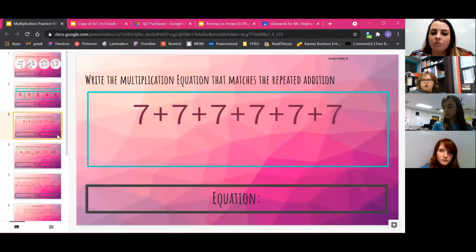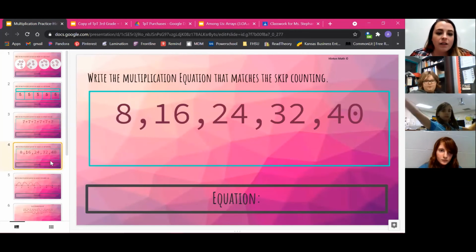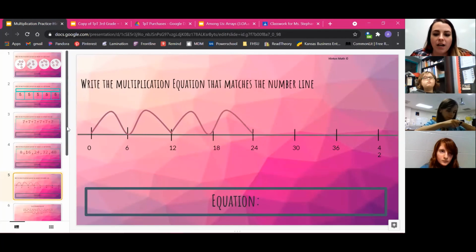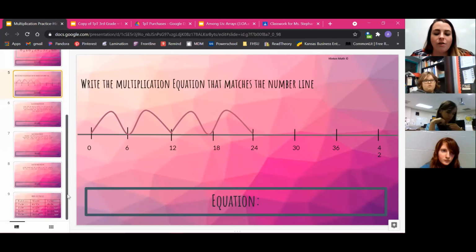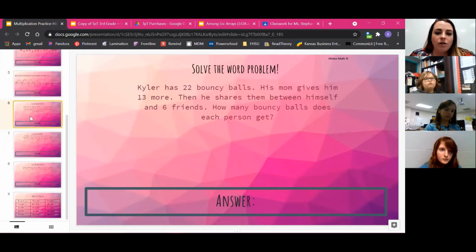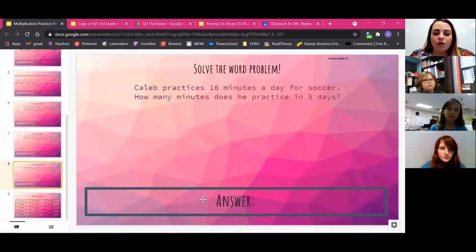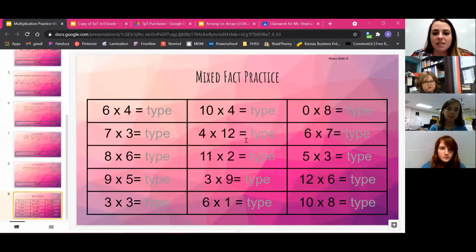This is repeated addition. So you're going to write the equation. Skip counting. So write the equation. Then we have a number line here. So you're going to write the equation. Here's a word problem, and you're going to put your answer in the box. Another word problem, put your answer in the box. And then this is just some mixed fact practice, and you're going to type in here your answers.